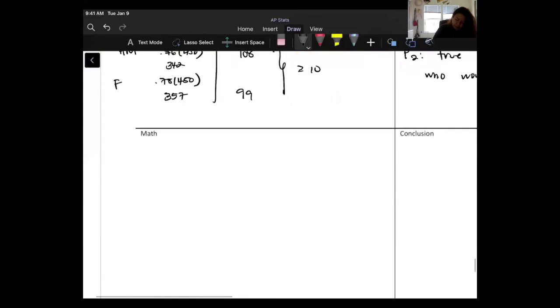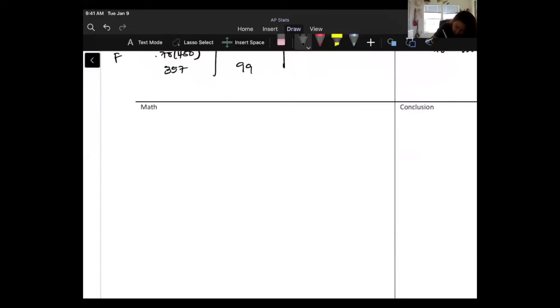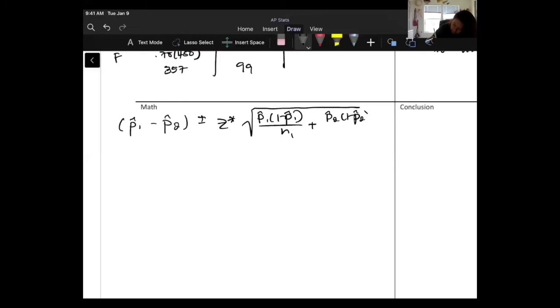So let's go ahead and do the math. We have P hat 1 minus P hat 2 plus or minus Z star times square root of P hat 1 times 1 minus P hat 1 over N1 plus P hat 2 times 1 minus P hat 2 over N2. In this case, Z star is 1.96.